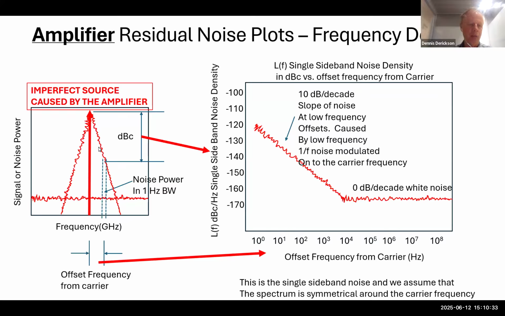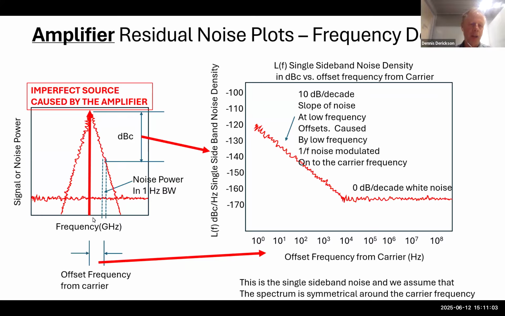First, we're going to take this small region right here with the dashed lines, and we're going to make that region 1 hertz wide. We're going to measure the noise power in that spectral bucket in a 1 hertz bandwidth. Then we're going to compare that 1 hertz noise power to the total power on the carrier. We're going to call that dB down from the carrier.